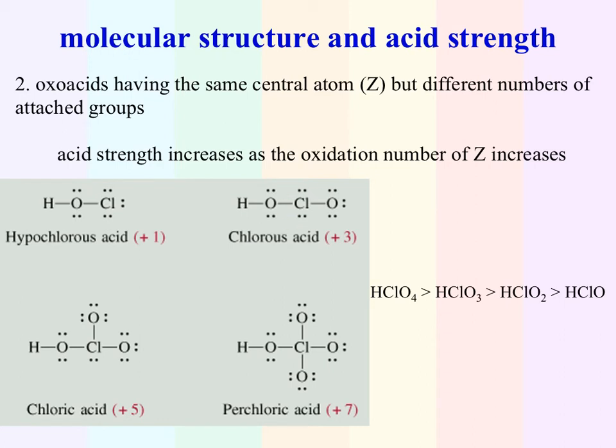This one will be +3, this one will be +5, this one will be +7. The higher the oxidation number of Z, the more polarizable the OH bonds are in each of these. So as we have higher oxidation numbers for that Z element, we're going to have more acidity. So HClO4 is a stronger acid than HClO3, and HClO2, etc.